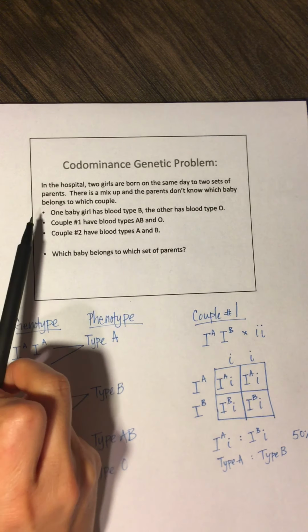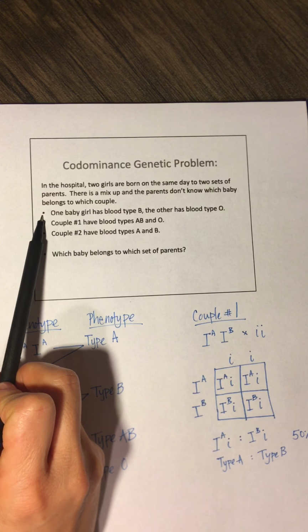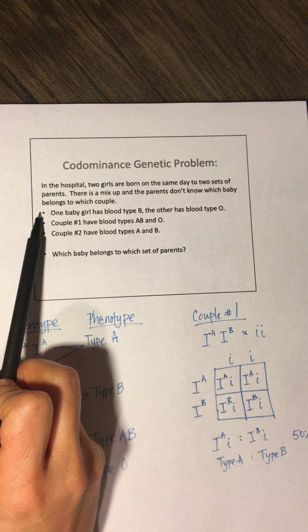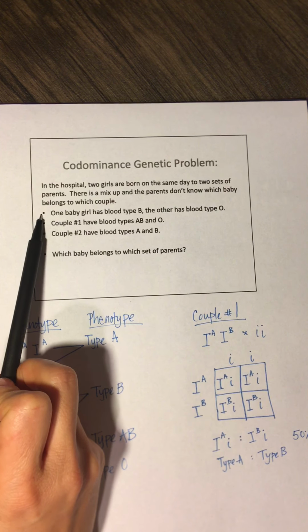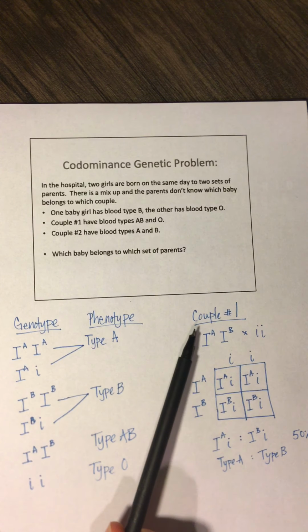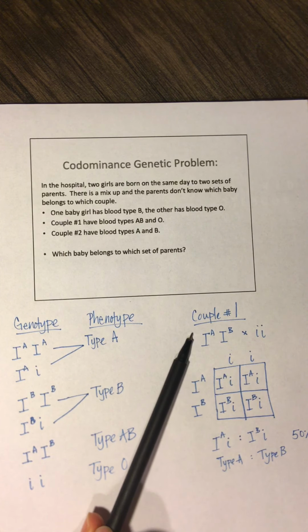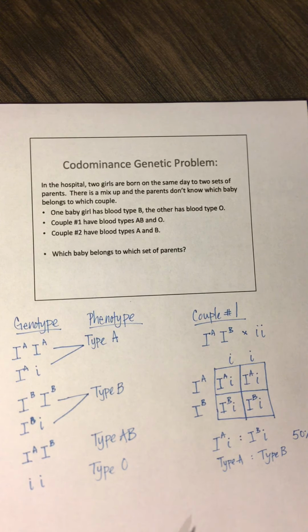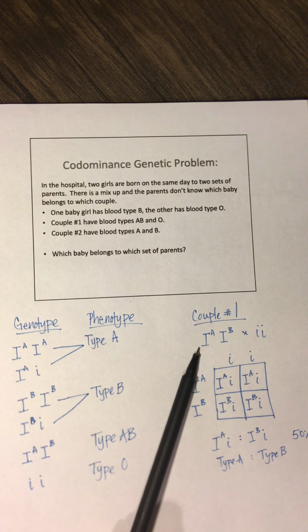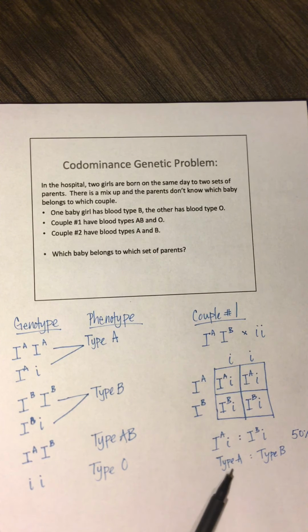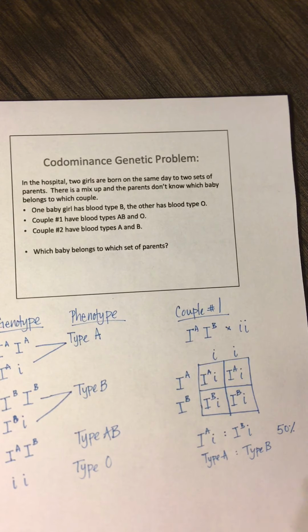If we go back to the story problem, it seems that one baby girl has blood type B and the other baby girl has blood type O. So just by completing the Punnett square for couple number 1, I see that there is no way couple number 1 can have a child with type O blood. The way the genotypes for couple number 1 combine, they would have a child either with type A or with type B blood. So the baby with blood type B must belong to couple number 1.